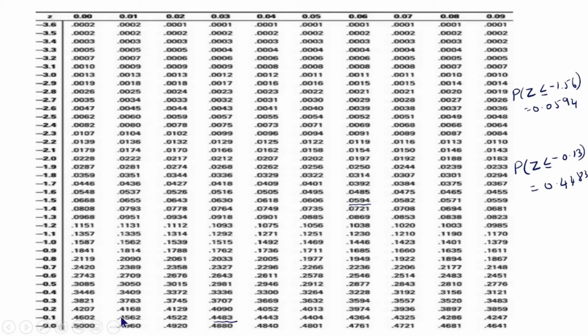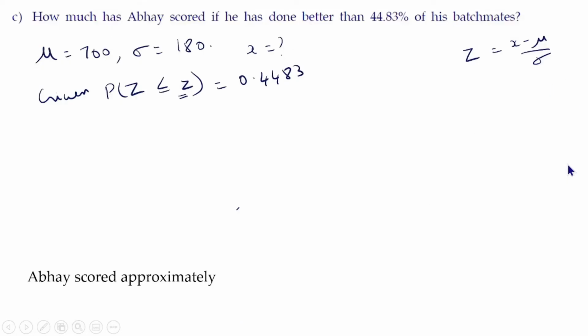So this 0.4483 corresponds to the row minus 0.1 and the column 0.03. So the z score is minus 0.13.